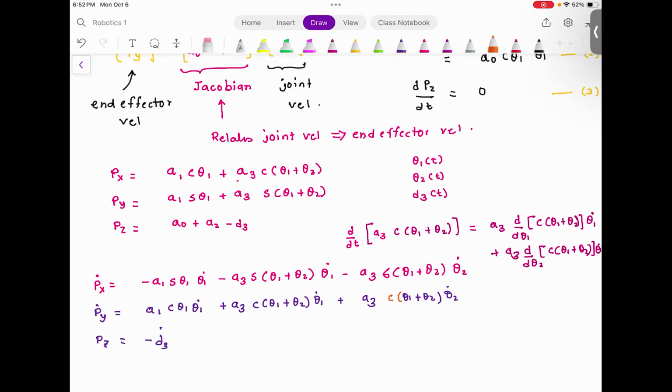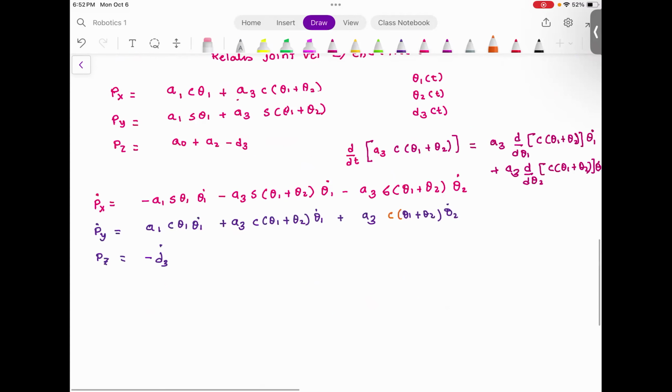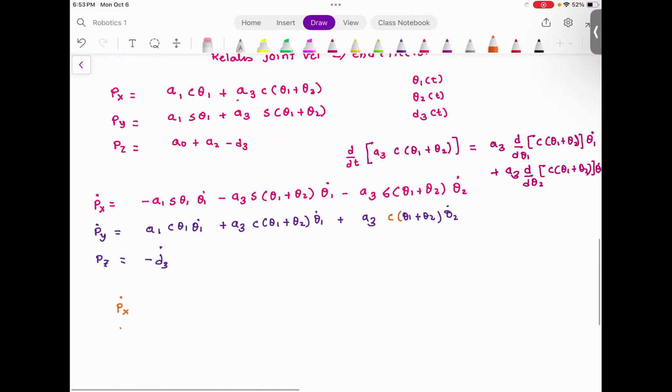Now, what I need to do is write Px dot, Py dot, Pz dot equal to this big matrix multiplied by the joint velocities.